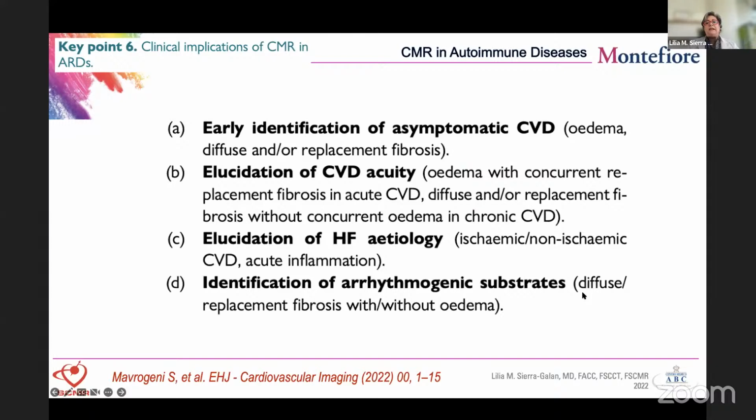So the clinical applications would be early identification of asymptomatic patients with cardiovascular disease in this group, the elucidation of the cardiovascular disease acuity, the elucidation of the heart failure etiology, and the identification of arrhythmogenic substrates.